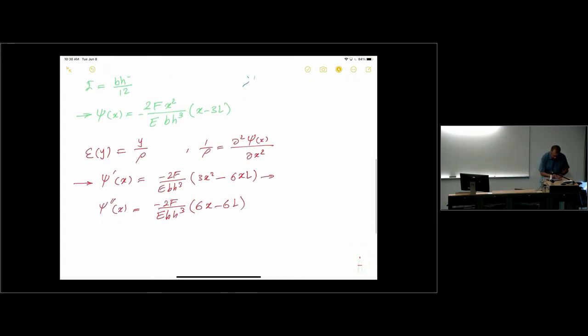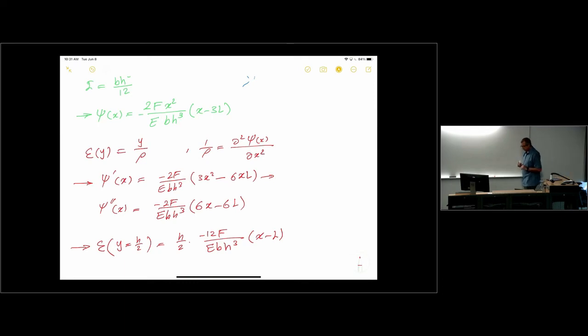So I can show that epsilon at the surface, or y equal h over 2, is going to be h over 2 times the 1 over rho, which is the second derivative of the deflection equation. So I bring out 6 from that bracket, and it's going to be minus 12F over EBH cubed times x minus L.